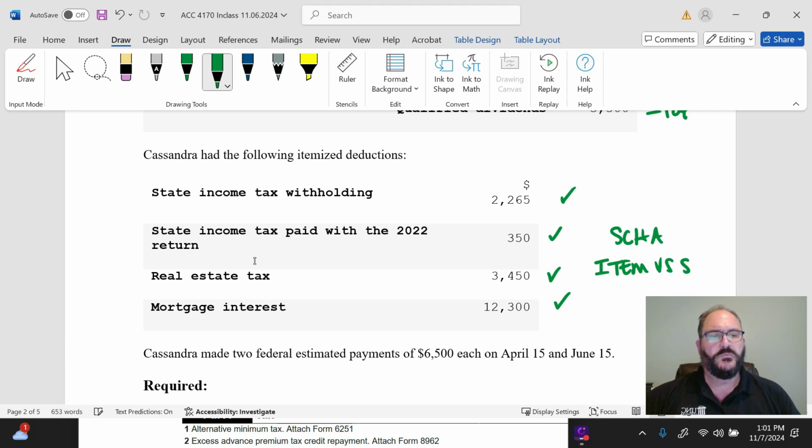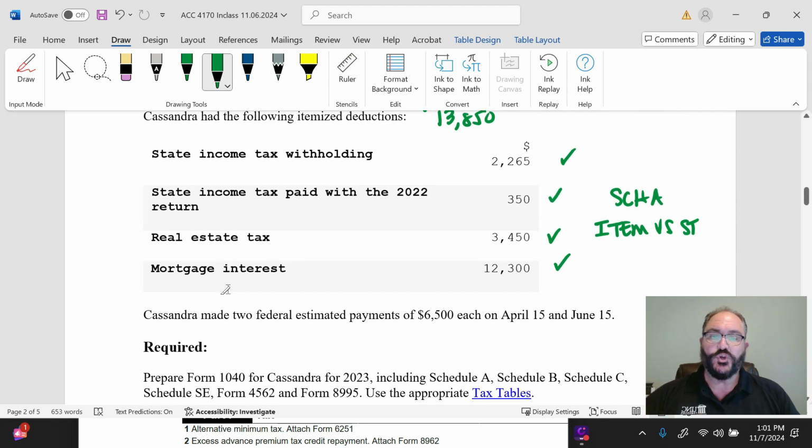Okay. So you're going to have to see, and single standard, I think it should be about $13,850. Gonna have to check that, but I think that's the standard. So it looks like we're gonna wind up having itemized deductions. She also made 2 estimated payments of $6,500 each.